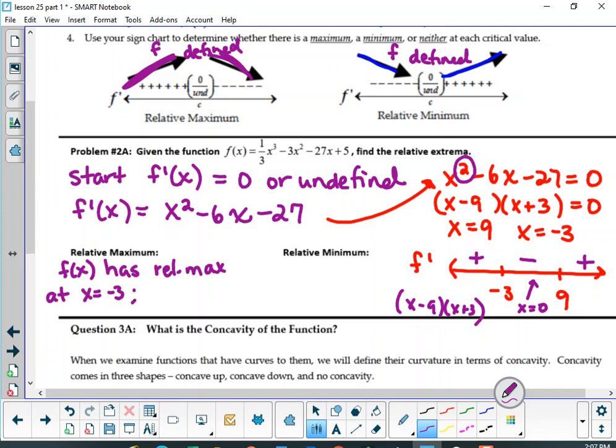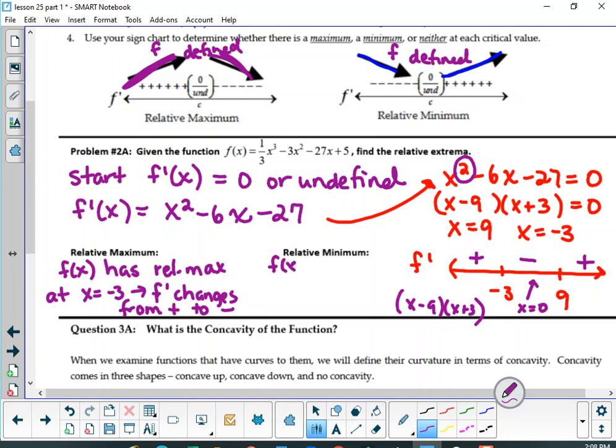And how do I know that? f prime changes from positive to negative. We know what f is going to do because of f prime's behavior.